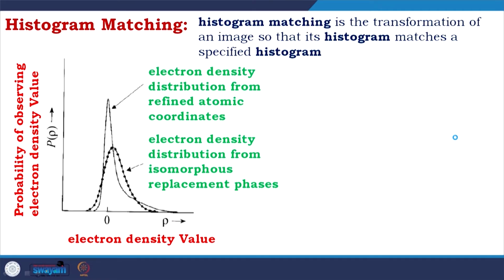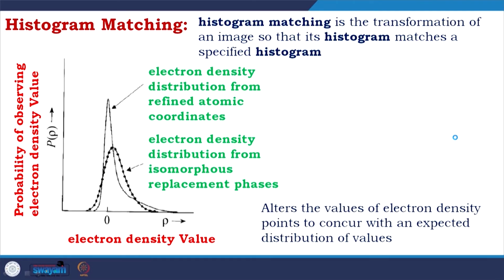So, experiment is this and it is becoming better. So, it alters the values of electron density points to concur with an expected distribution of values. So, by our knowledge we actually make it better.